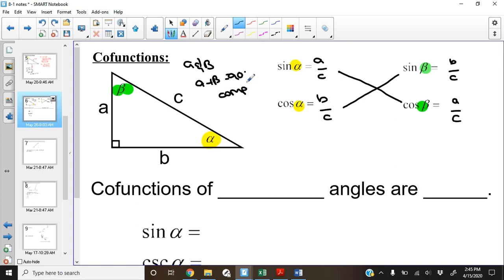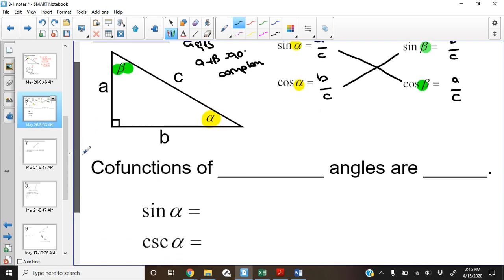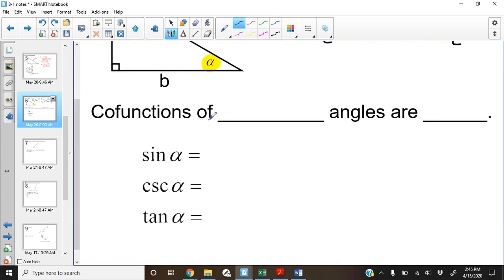Complementary. So they're complementary angles. And that is going to be cofunctions, what we are referring to. So cofunctions of complementary angles will always be congruent or equal.